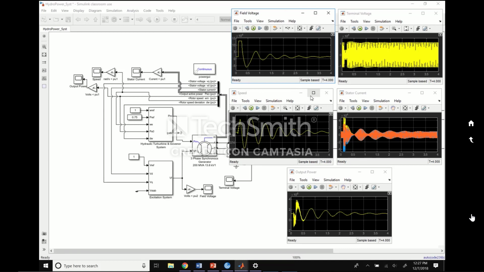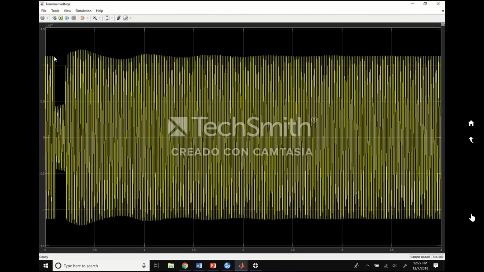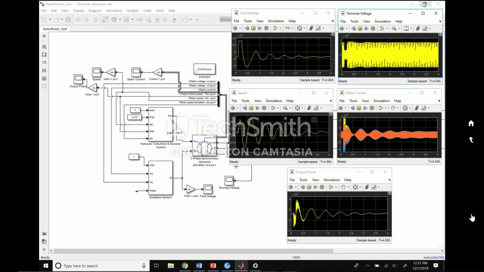Next, we'll look at the terminal voltage here. Again, the system starts a little over 1, and then due to the fault, spikes down to around 0.4, and then quickly begins to stabilize again.